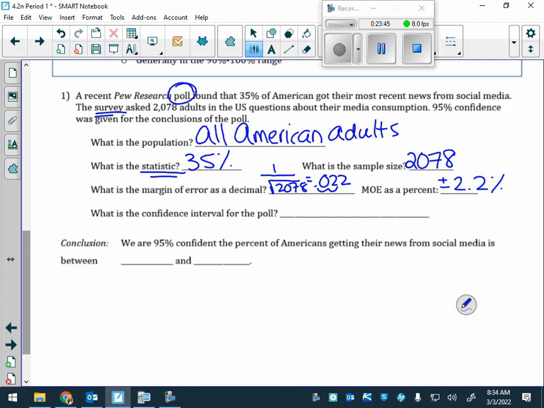2.2%. Okay, so now the confidence interval is our statistic plus or minus our margin of error. That is our interval. Okay, so when we make a conclusion, we are 95% confident the percent of Americans getting their news from social media is between what? How do we figure out that range? Go ahead. What was it? Be careful.